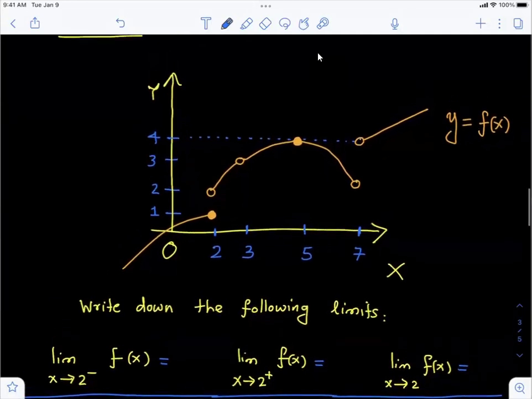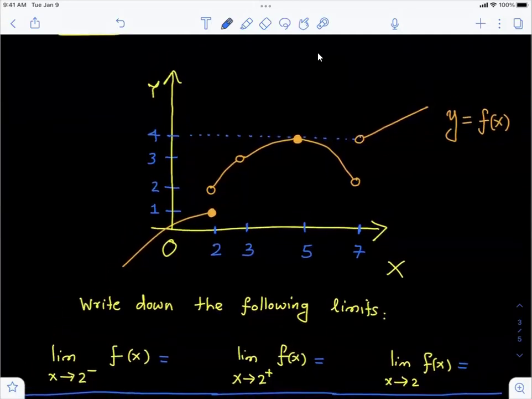If you look at this very carefully, you can see all of them are associated with one single value of the domain, or one single value of the x-axis, which is 2, none other than 2. You consider the approach from the left side of 2, you consider the approach from the right side of 2, and you consider the approach towards 2, x goes to 2, and you're trying to see what's happening to this function in these scenarios.